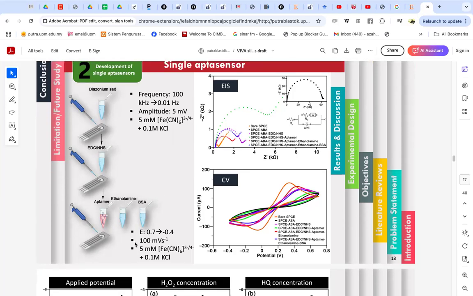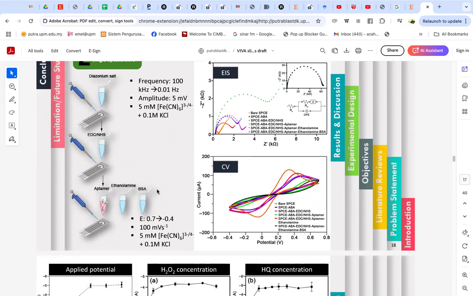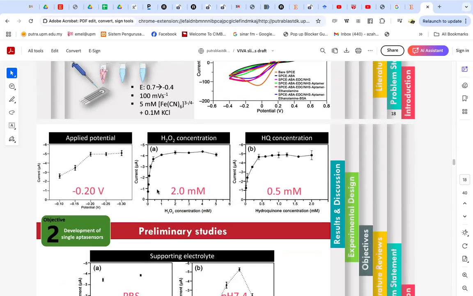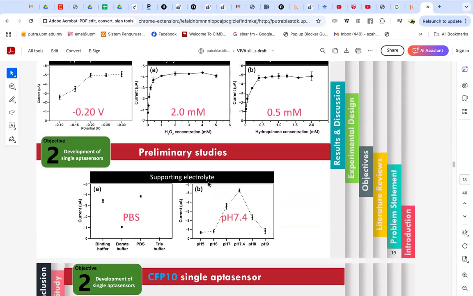Here we have to confirm the supporting electrolytes and buffer. That depends on what kind of sensors you are developing. For electrochemical, we have to check the applied potential and the concentration of the supporting electrolytes. So it has to be done.